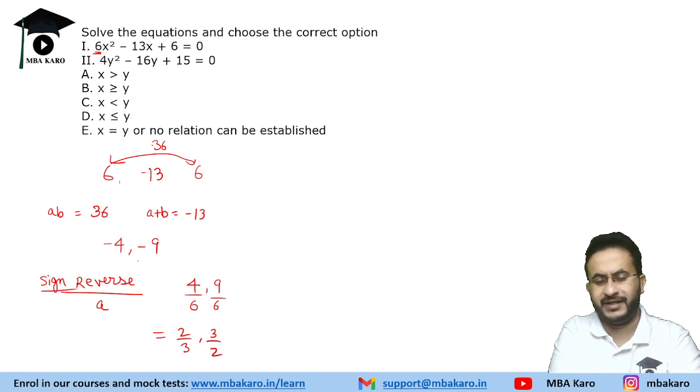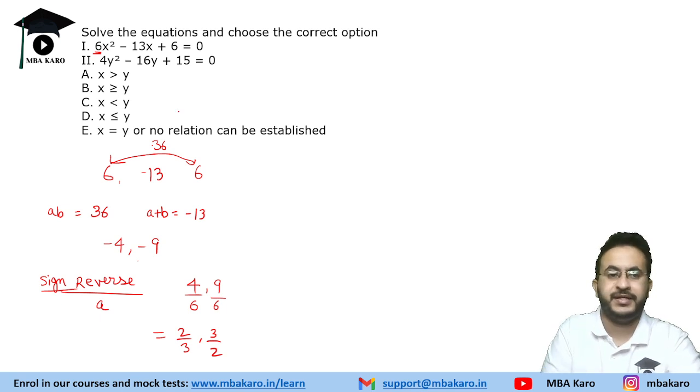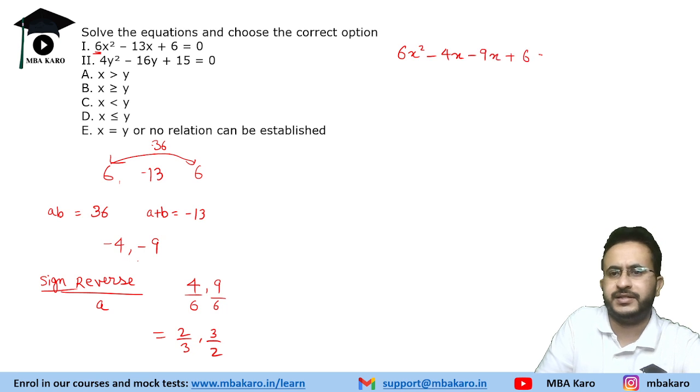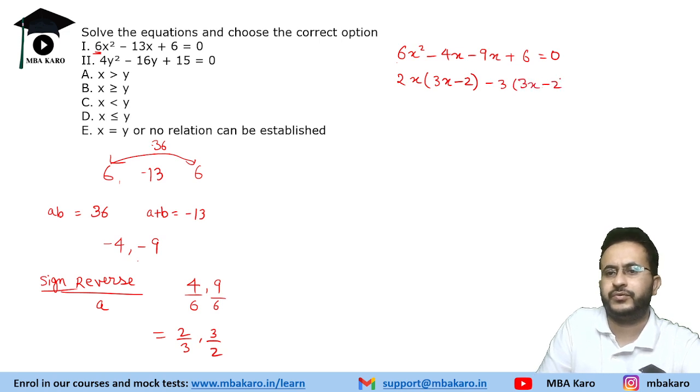Otherwise, how would you have done it? I'll tell you that this is easy if you do it in the proper way. You will see these numbers minus 4 and minus 9. So you will write 6x square minus 4x minus 9x plus 6 equals 0. Now you will take 2x common, 3x minus 2, and then minus 3 common, 3x minus 2 equals 0.